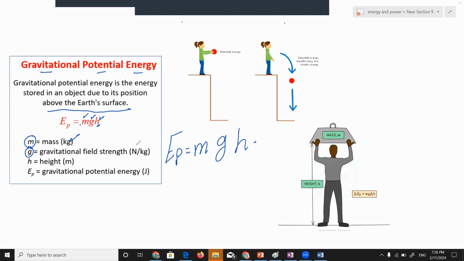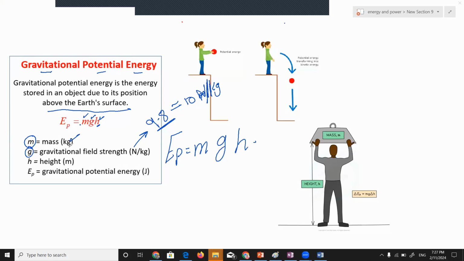It is a constant number, 9.8. Sometimes we can use it as 10, but actually it's 9.8, and its unit is Newton per kilogram. So this is gravitational field strength.